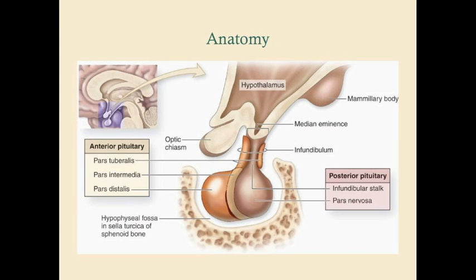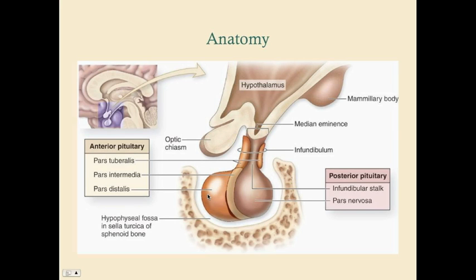Alright, so here's some anatomy. So the posterior pituitary is here in the brown, and it's connected to the anterior pituitary, but remember that they are different tissue. The anterior pituitary is separated into three different parts. The pars tuberalis, which is the part that connects it up to the hypothalamus.